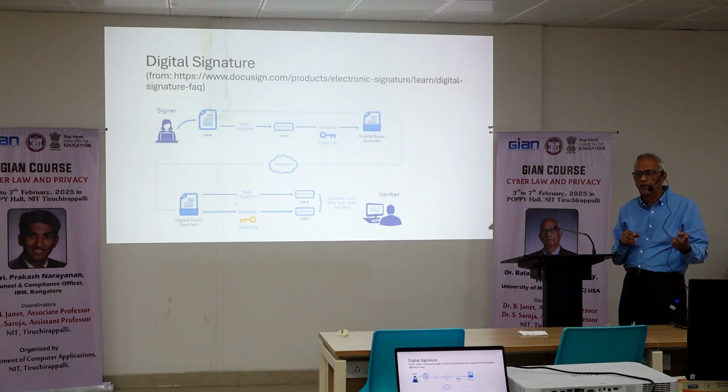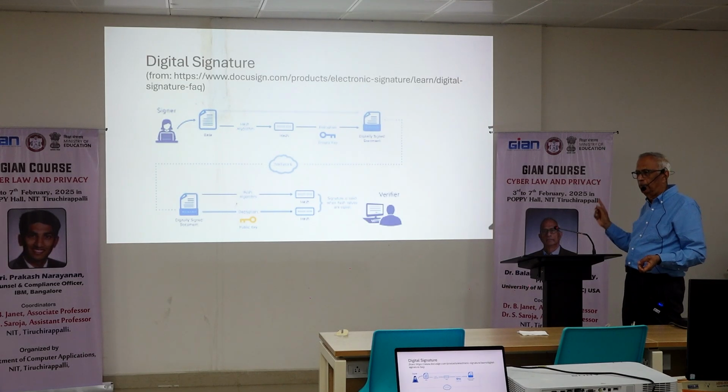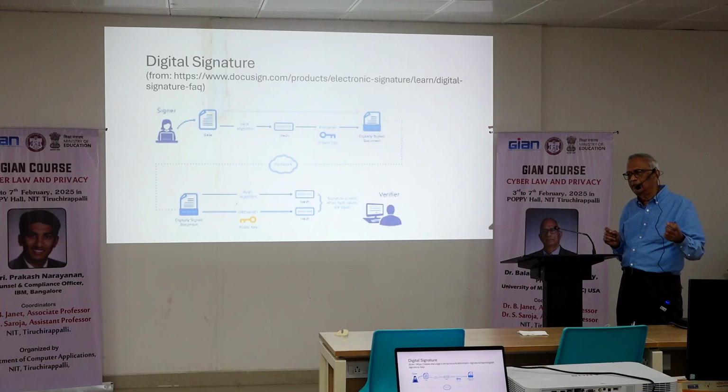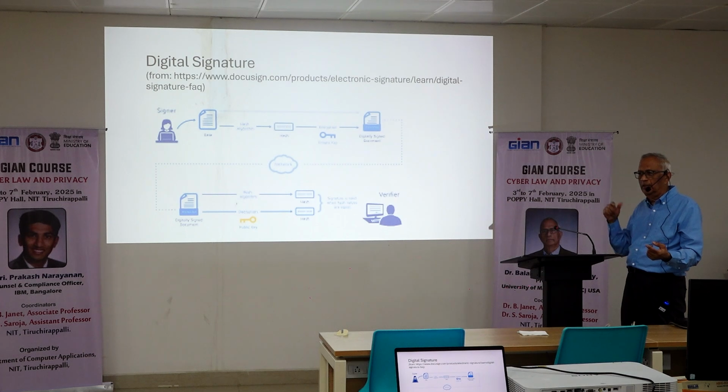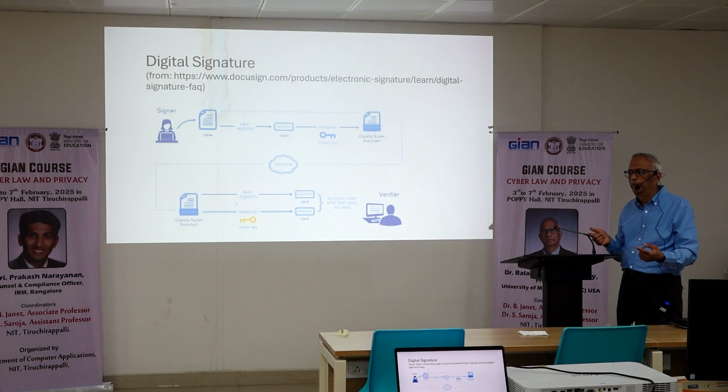There are two keys in public key cryptography for every person. The private key, only the person who has it can use it to sign; no one else knows it. Then there is a public key. When somebody encrypts with the private key, the other person can decrypt it to get the original document, and also vice versa. They are mathematically related.